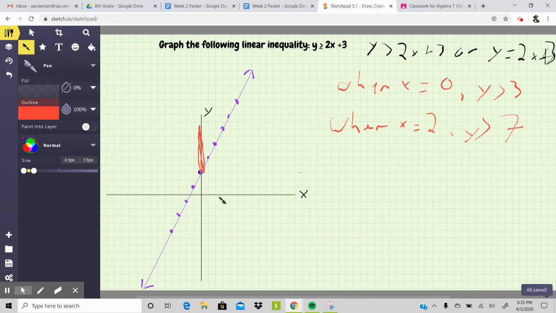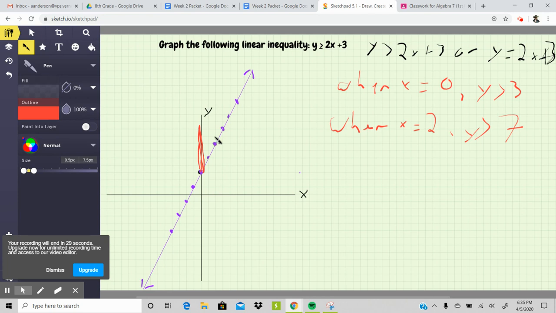So let's go over to 2, where x is, and find 7. Oh, so it's got to be above here. So I'm going to shade in the area directly above x equals 2, and directly above y is equal to 7. I'm about to run out of time, so I'm going to stop the video here, and I'm going to complete it in the next video.